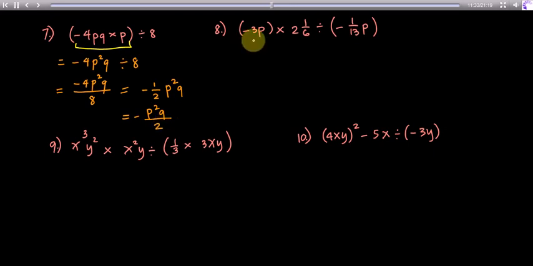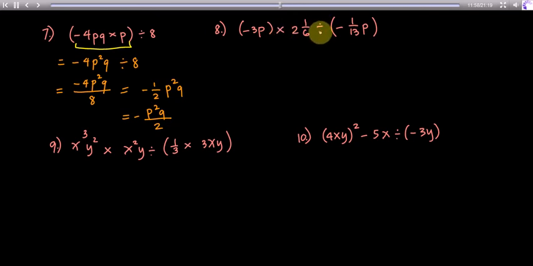The quantity of 3p times 2 and 1/6 divided by the quantity of negative 1 over 13p. Alright, so let's plan first when we're going to solve expressions like this. These are quite complicated, but we're only having here two operations, the times and divide.